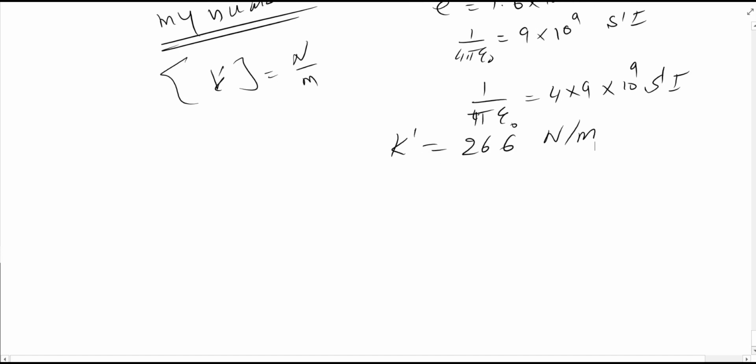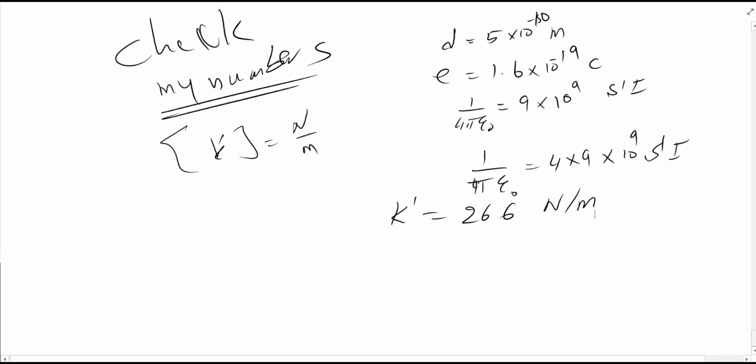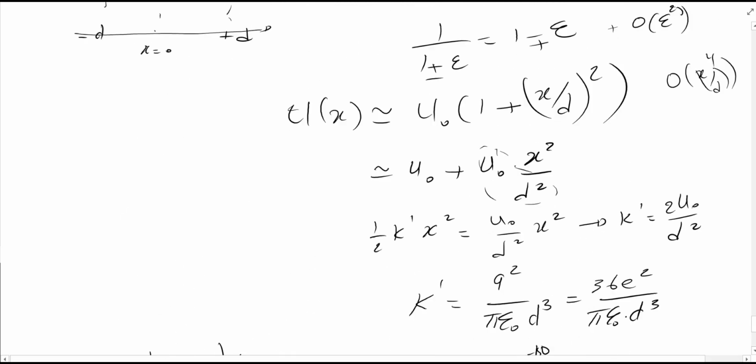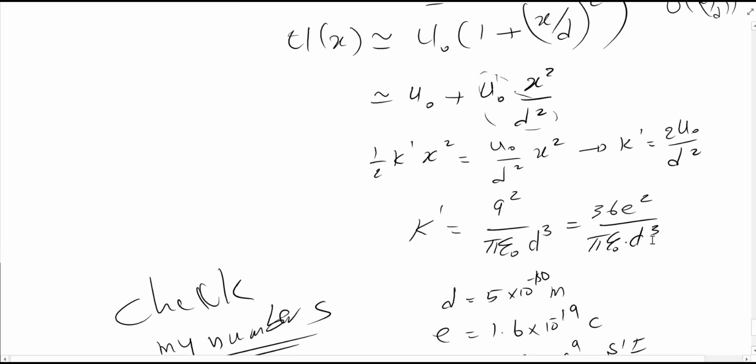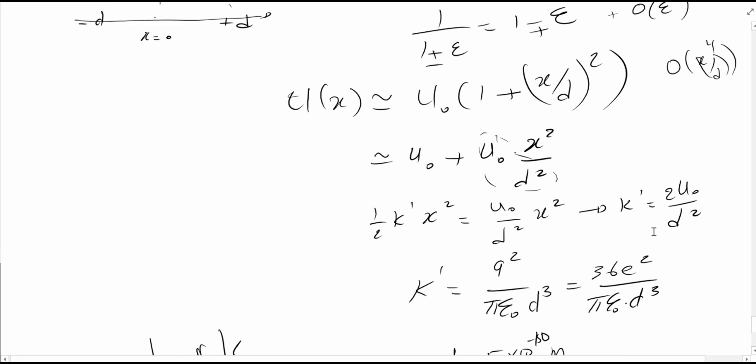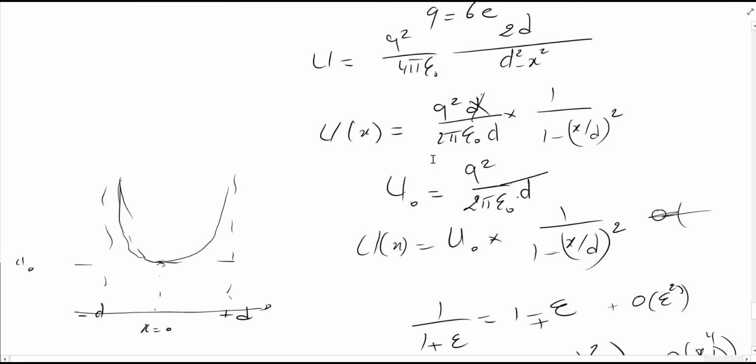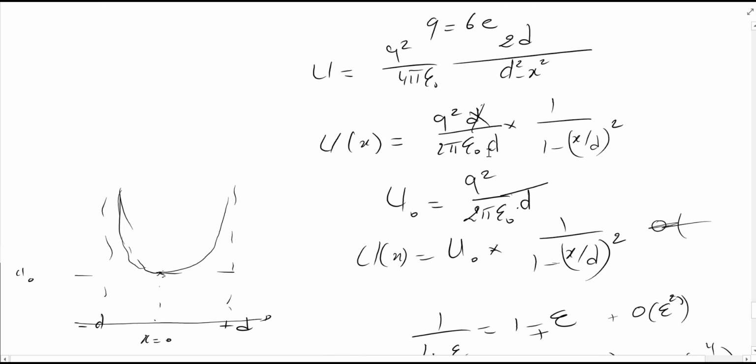So this is basically the value for the spring constant equivalent of this system. What is the energy of the classical ground state? Meaning U naught. U naught is just everything without the d squared in here. No, there is another factor of 2 also. So it's going to be q squared over 2 pi epsilon naught d.